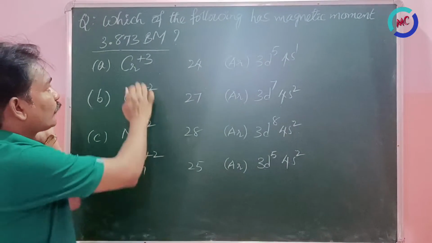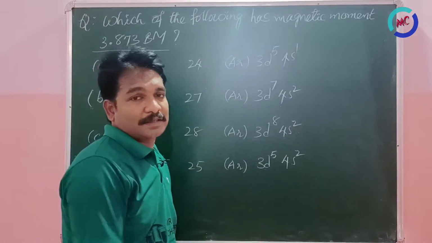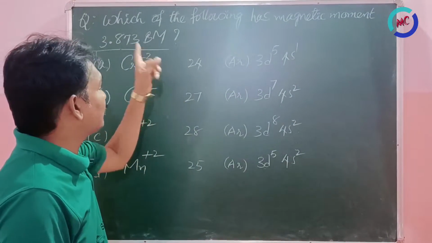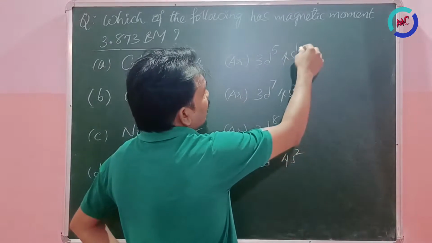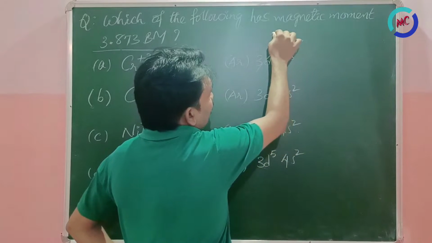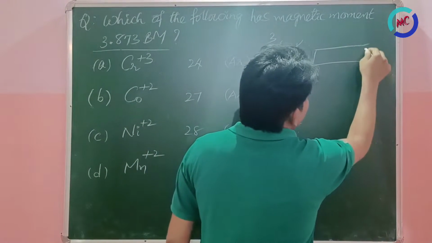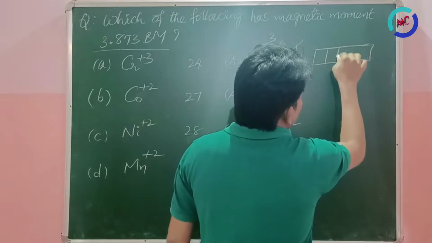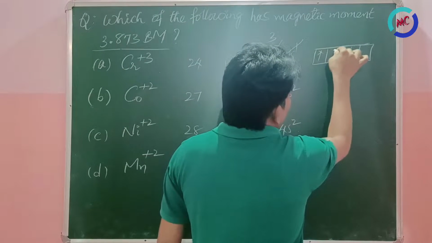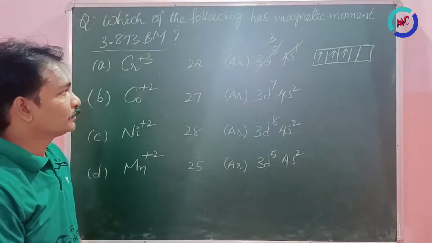See here, chromium plus 3 in the sense by losing 3 electrons. By losing 3 electrons it becomes plus 3, in the sense 1 from here, 2 from here, means it has 3 in 3d. 1, 2, 3. 3 unpaired electrons are there.